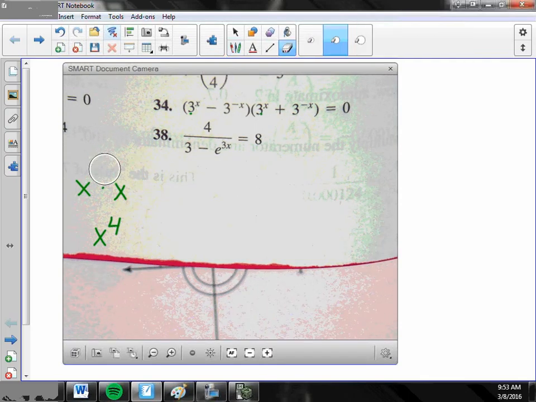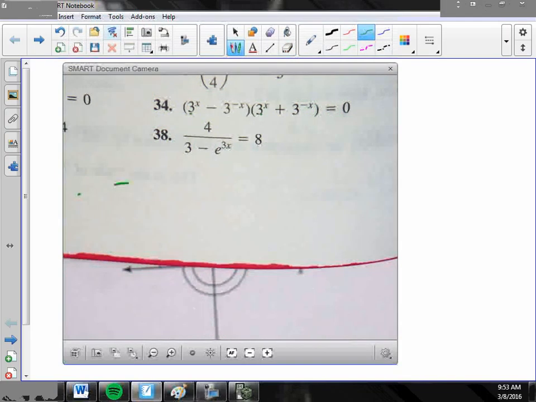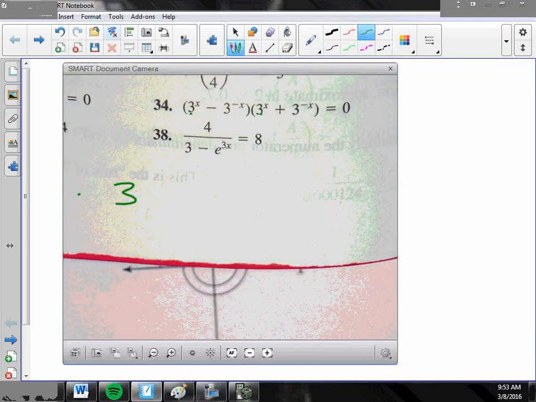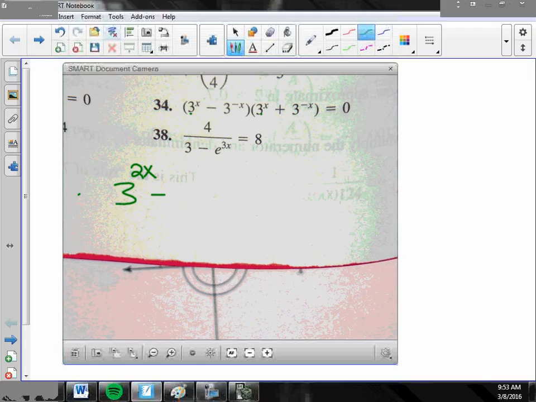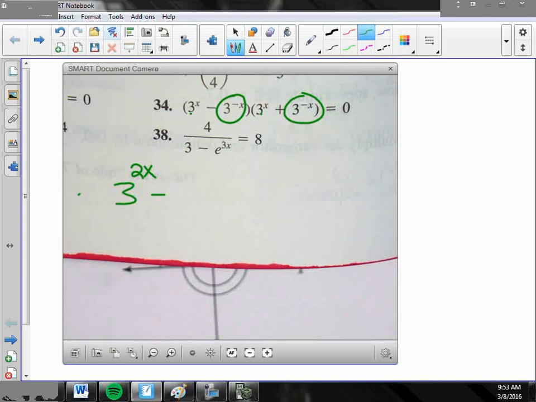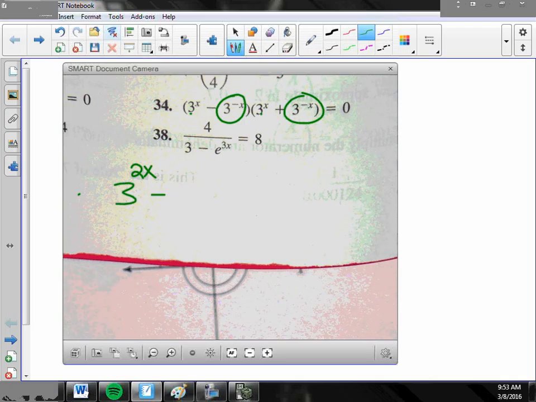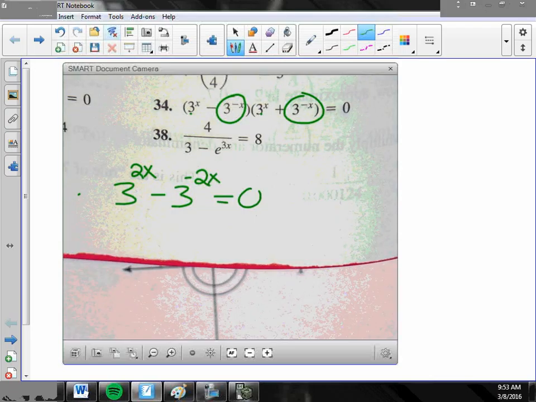So 3 to the x times 3 to the x is 3 to the x plus x, or 2x. And then minus, what is this one times itself? 3 to the negative 2x equals 0.